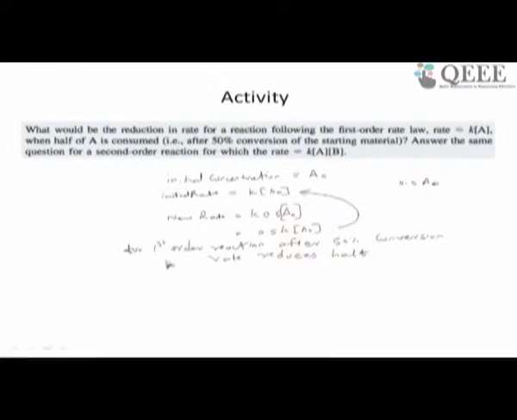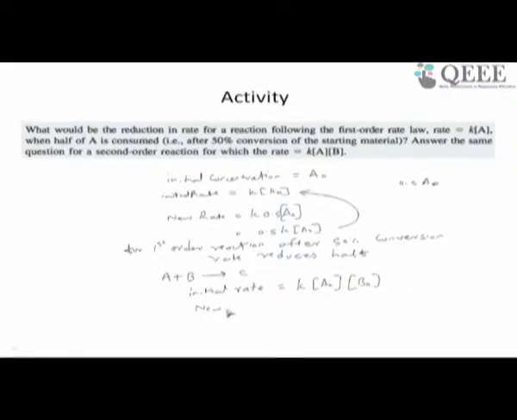So now let's do the same thing for a second order reaction. For a second order reaction, the starting materials are A plus B giving rise to C, let's say. So the initial rate will be k A0 and B0.